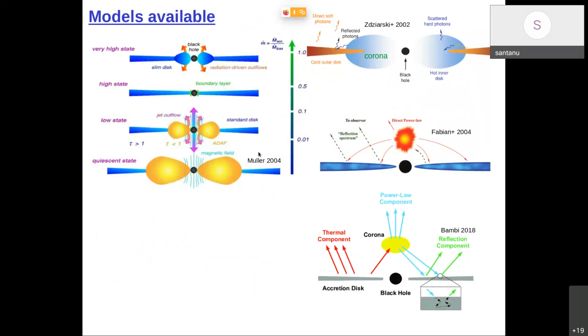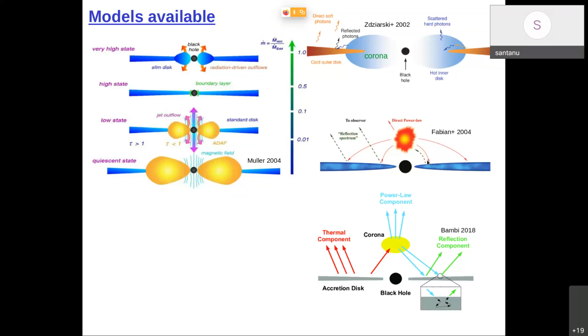For example, as you can see, the disk is in the left panel. The disk is quite hot at the inner region, and when the accretion rate increases, it gradually shrinks. On the right hand side, in the top panel, you can see a similar picture, but the Keplerian disk at the equatorial plane enters the hot inner region.